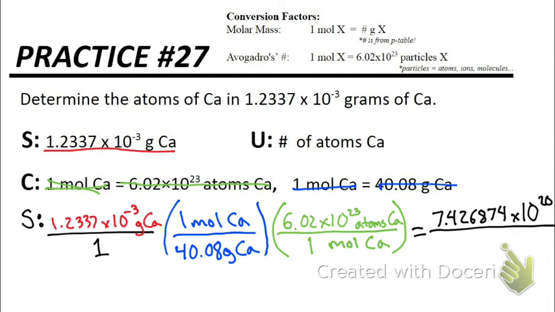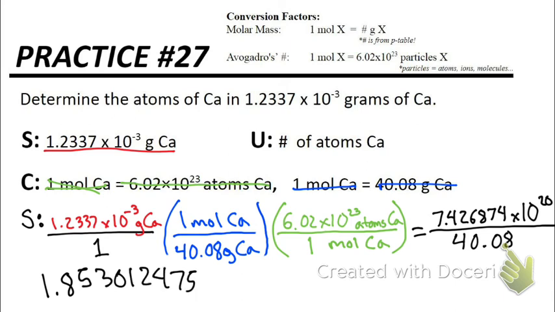I'm also going to multiply 1 times 40.08 times 1, which is 40.08. I'm not done yet, though, because I need to divide the top and bottom. When I do that, I end up with 1.853012475 times 10 to the 19th.